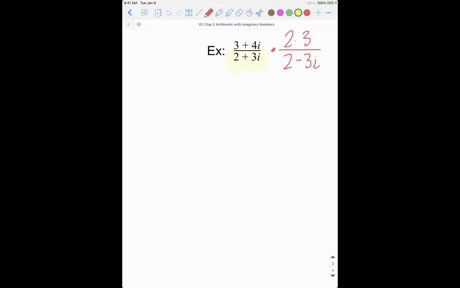Whatever you multiply the top by, you've got to multiply the bottom by, and vice versa. Let's just set this up real quick. Notice now we have to FOIL the bottom, but we also have to FOIL the top in this example. So make sure we go through, FOIL both pieces, and simplify down as much as possible.